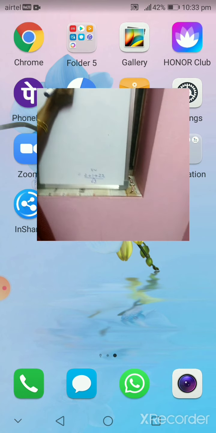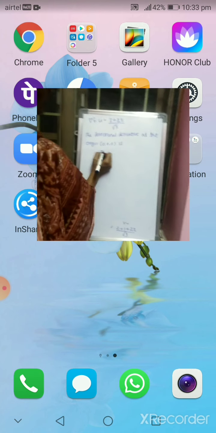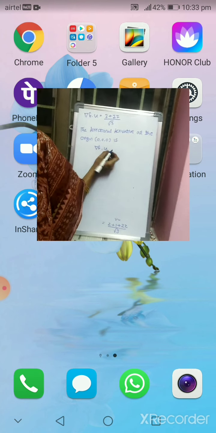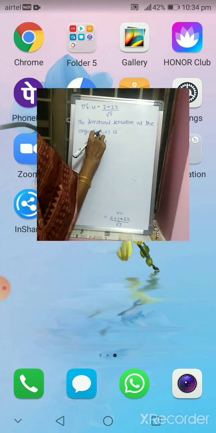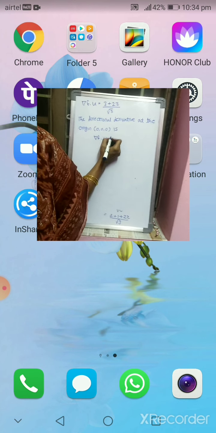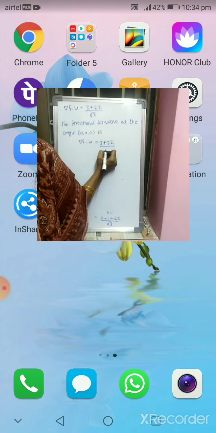Origin means 0, 0, 0. So we substitute in x, y, z, you put 0, 0, 0. So del f dot u is equal to (3 plus 2z) by root 3.